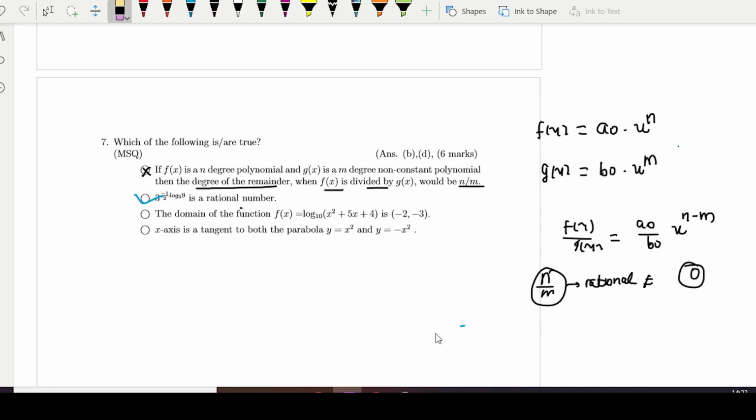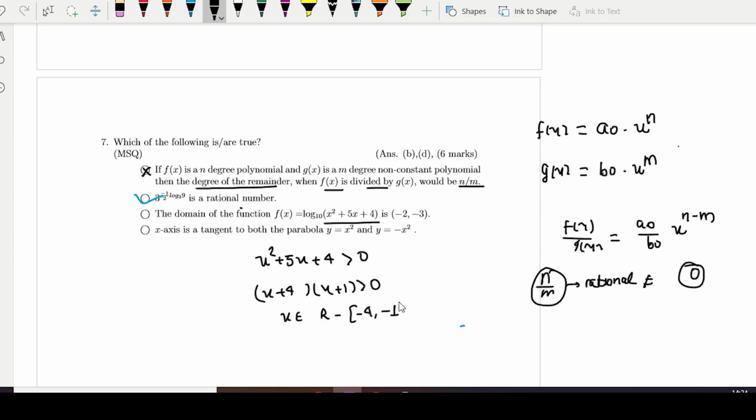And the third one is we have to find the domain of the logarithmic function. The domain will be x squared plus 5x plus 4 greater than 0, so x plus 4 and x plus 1 should be greater than 0. That means x should belong to R minus [minus 4, minus 1]. This is minus 4, this is minus 1.